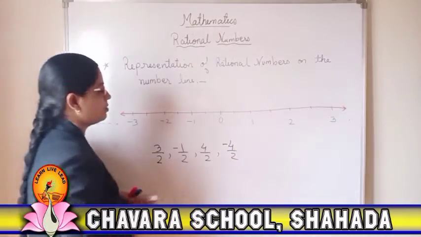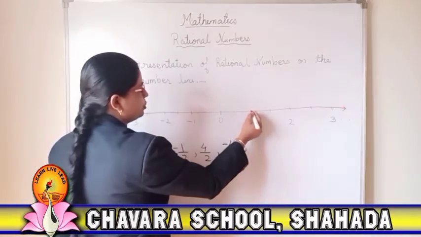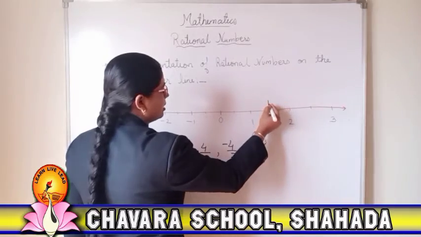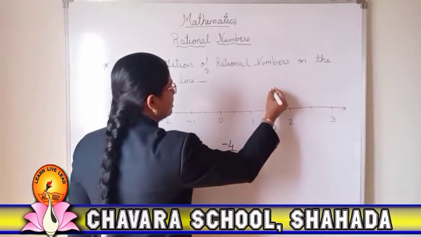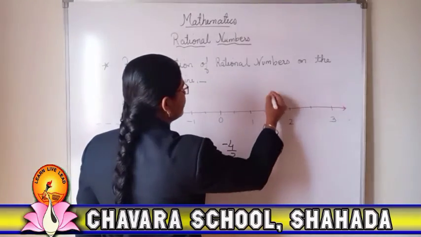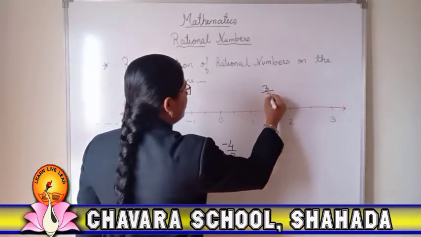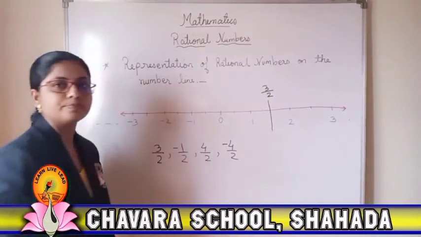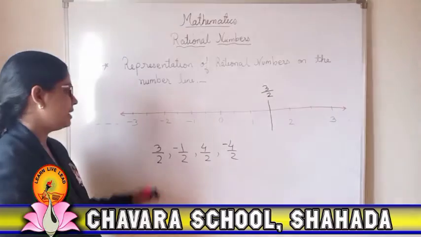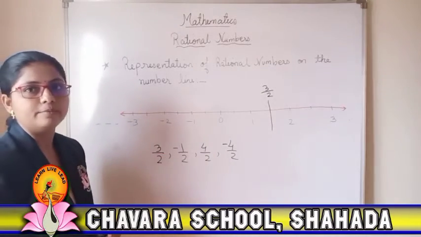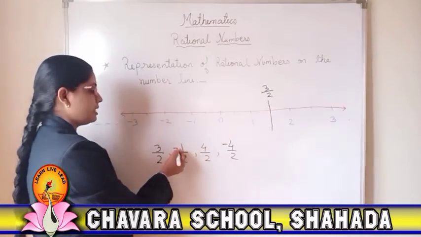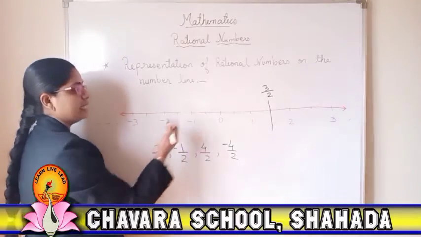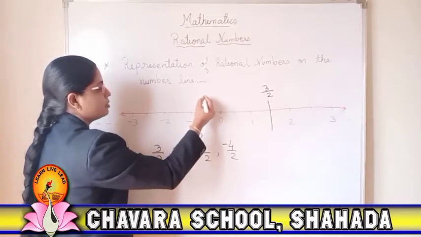So let us count it. 1, 2 and 3. And you have to mark here as 3 upon 2. Okay. Now next is negative 1. So if negative is there, go to the negative side and count 1. So here it will be.